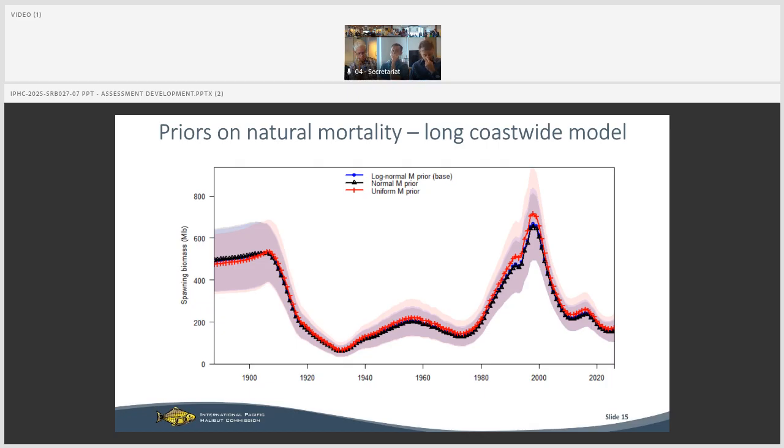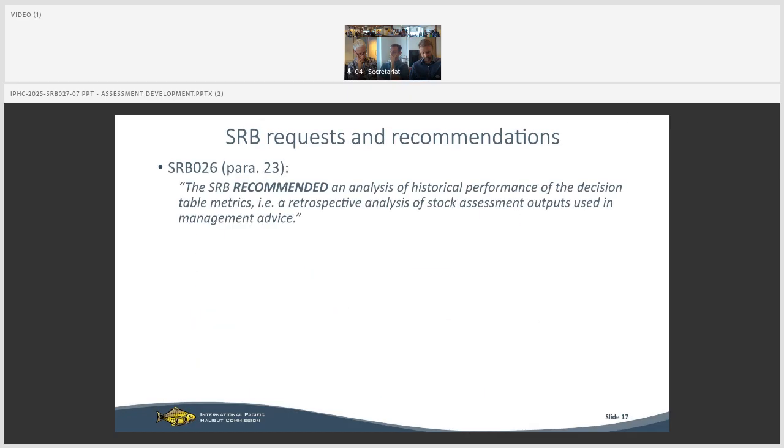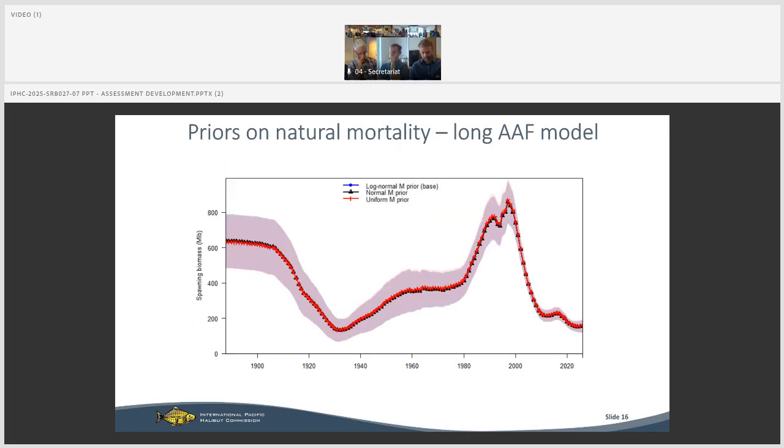It scales almost perfectly. There's a sensitivity from June showing the coast-wide short model and the 3 values of M, and it's just a linear relationship to the size of the spawning biomass. So for the time being, I think that's about it for M.